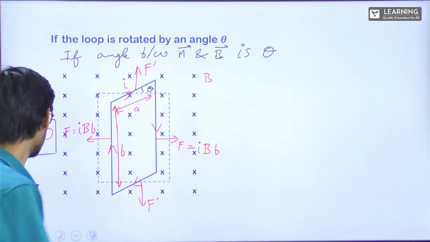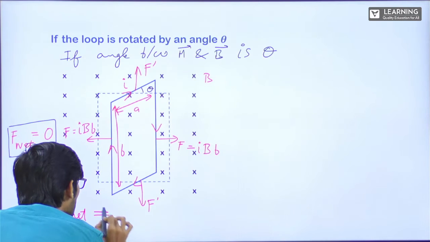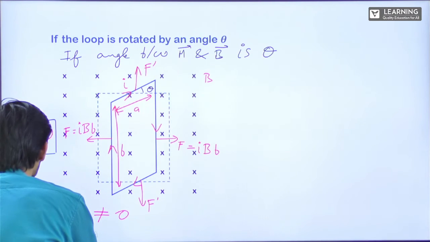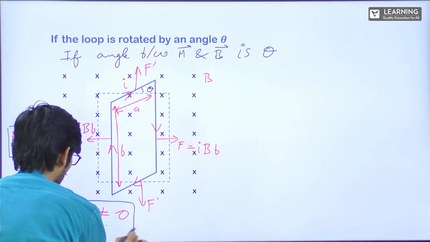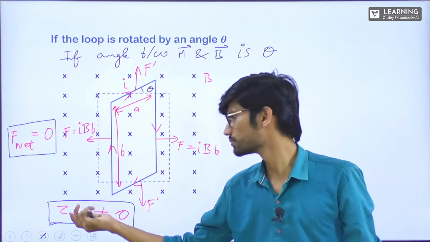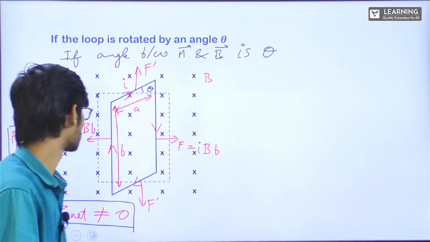So here tau net is not equal to 0. Torque net is not equal to 0. If you want, you can write the reason also, because the line of action of force is not the same.